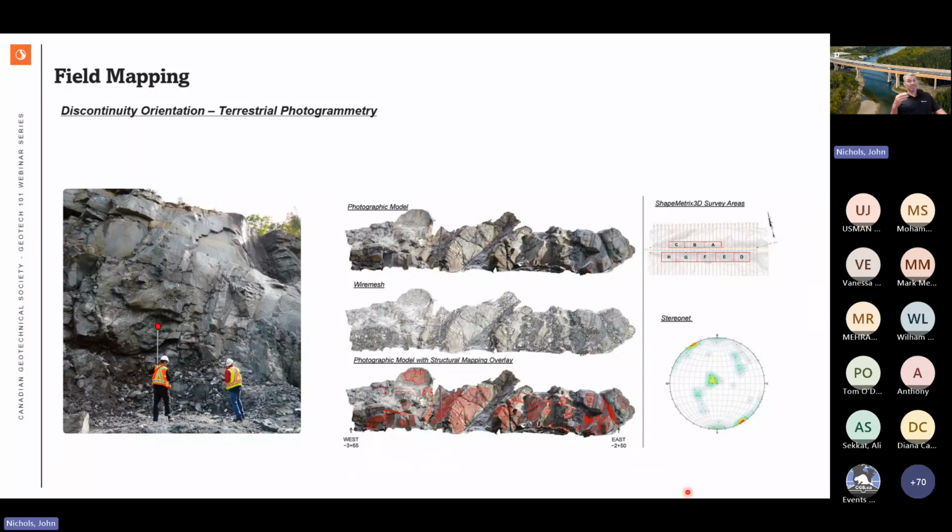I kind of hinted at this, there are new techniques. This is a new technique to collect the orientation of some of these discontinuity planes, and it's done with terrestrial photogrammetry. Again, a great tool, depending on the scale of your project, to quickly go capture data.